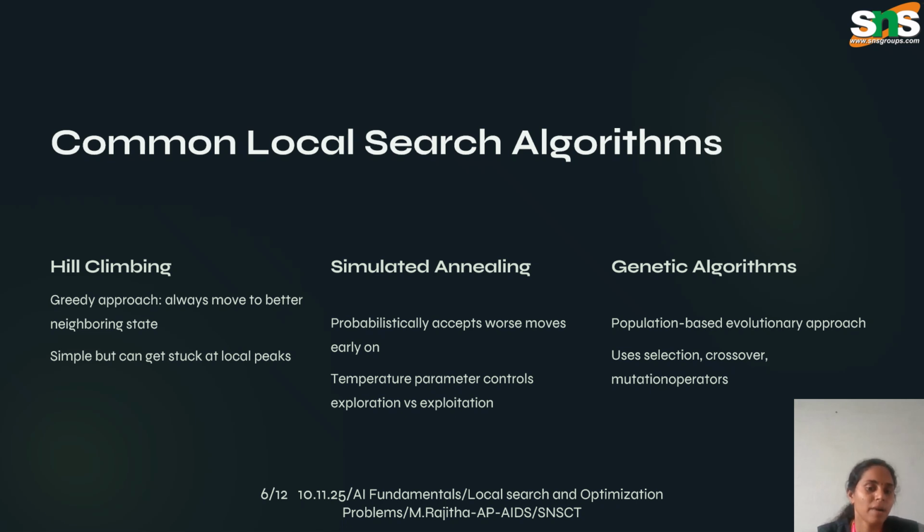Inspired by metal cooling: start hot, explorative, then cool, focused. And genetic algorithm works with a population of solutions, uses selection, crossover, mutation, just like natural evolution, keeps variety and explores multiple directions at once. These algorithms trade speed for smarter exploration.